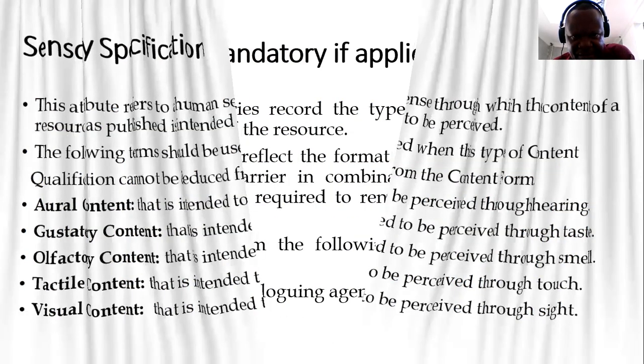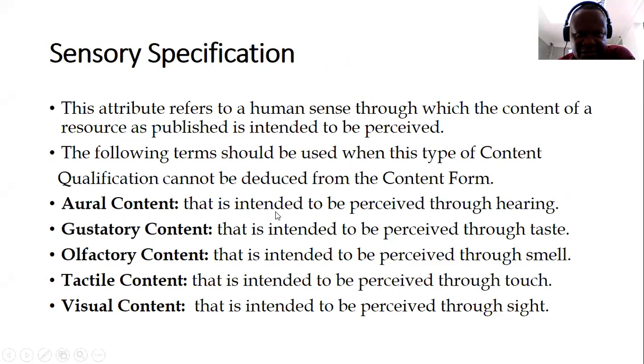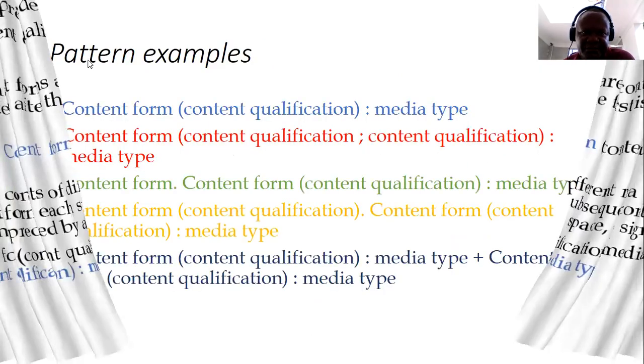Next is the last element. Remember, we have 3 elements: content form, content qualification, and lastly, media type. And I'll take you backwards where we started from, the patterns.